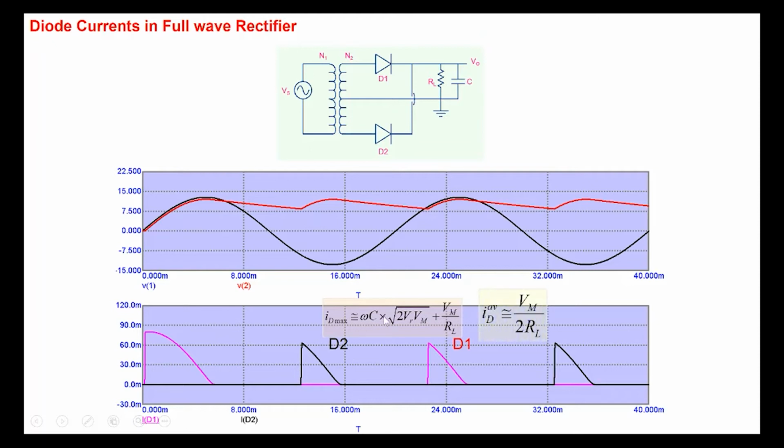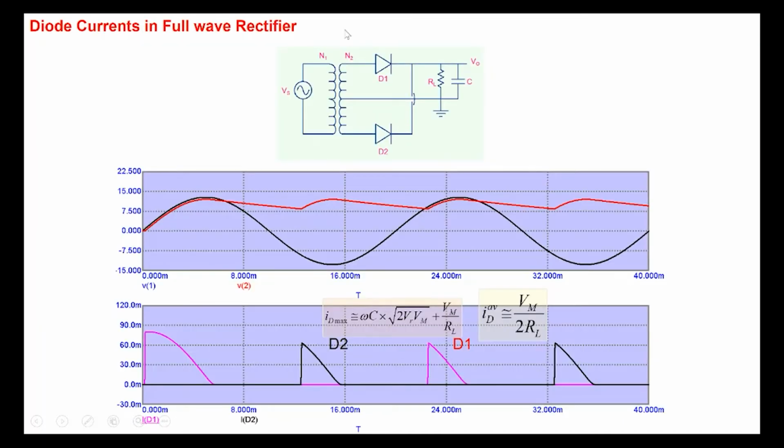ID average is Vm by 2RL, because the total current that the load has is V0 by RL, or Vm by RL, and half the current this diode is supplying and half the current the other diode is supplying. So ID average is Vm by 2RL, and ID max is this expression here.